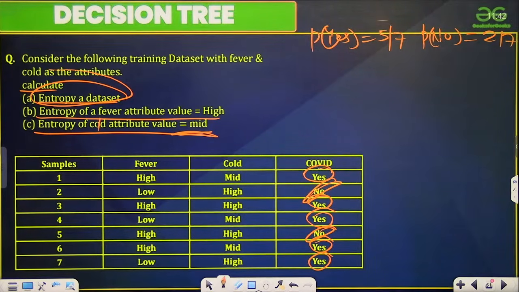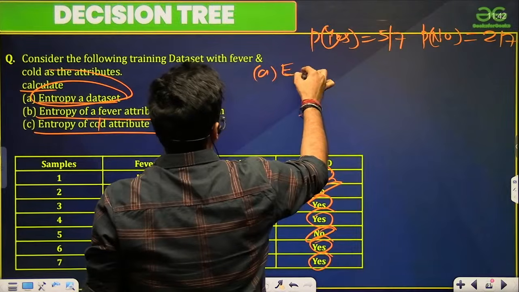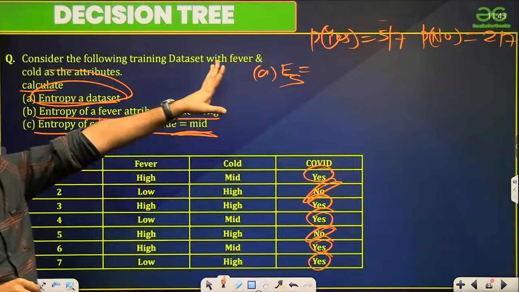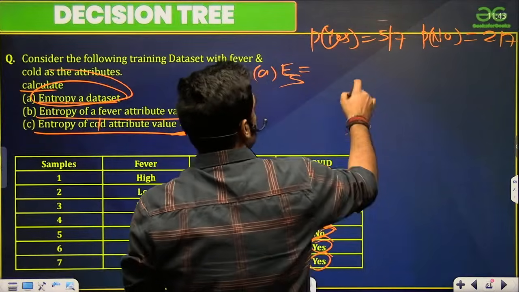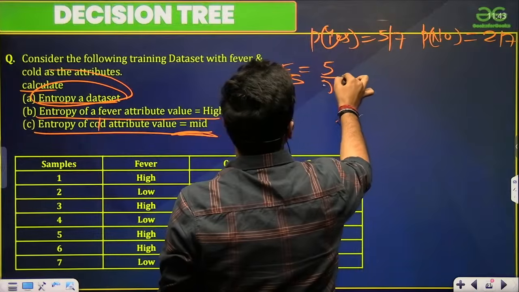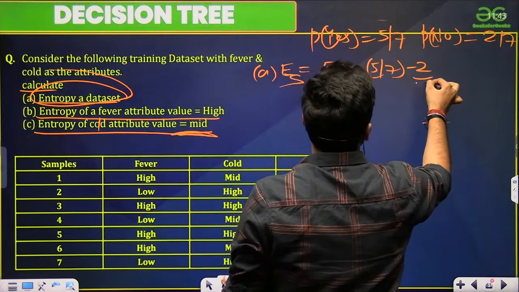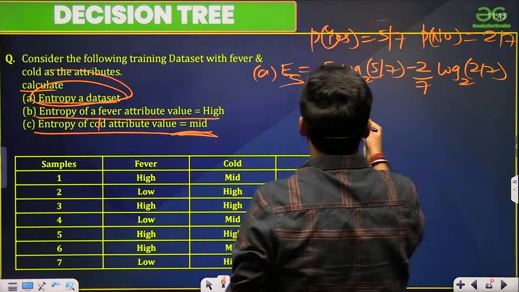After finding the probability, what is the entropy of the entire data set? I would write this as E of S, which means the entropy of the entire data set. That is negative of 5 by 7 log 5 by 7 minus 2 by 7 log 2 by 7.